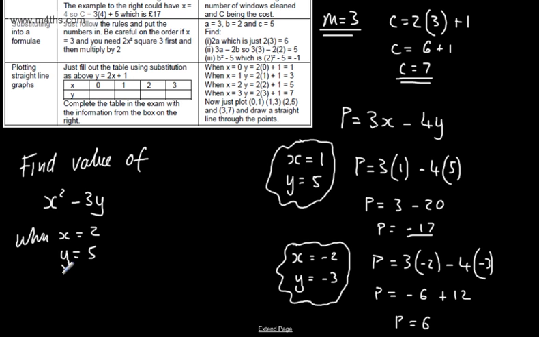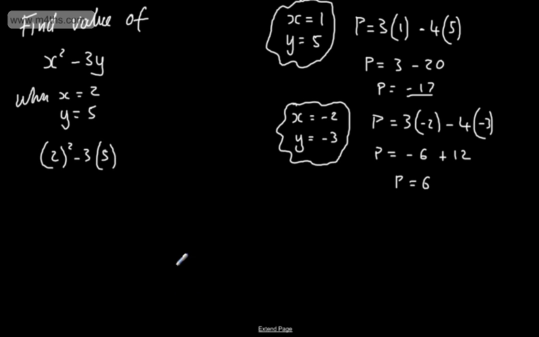Okay, so let's look at this. What we've got then is 2 squared minus 3 lots of 5. This is going to give me 4 minus 15, and that's going to give me minus 11. So minus 11 would be my final answer. So all I'm doing is subbing it in.